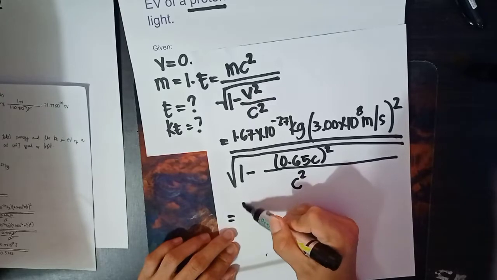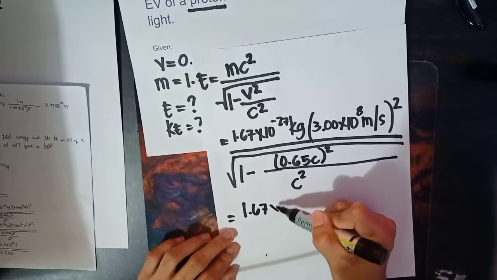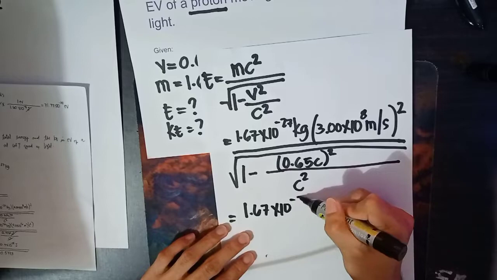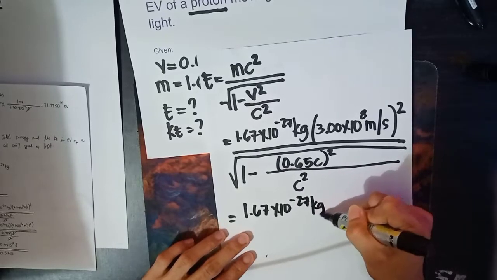So again, 1.67 times 10 raised to the power of negative 27 kilogram.